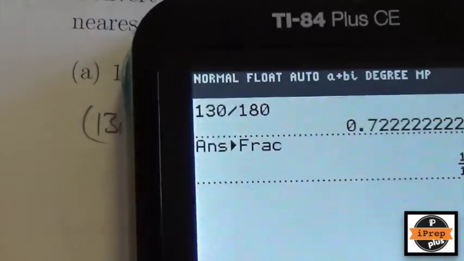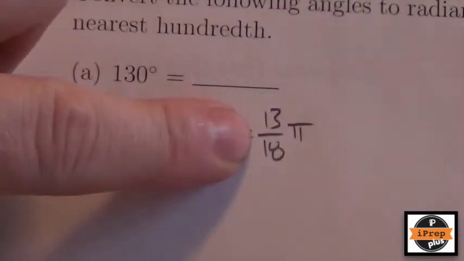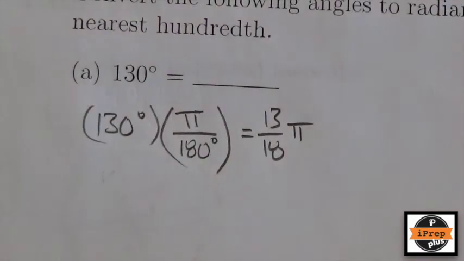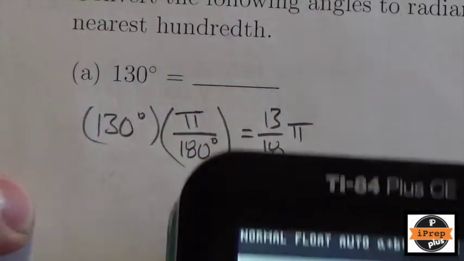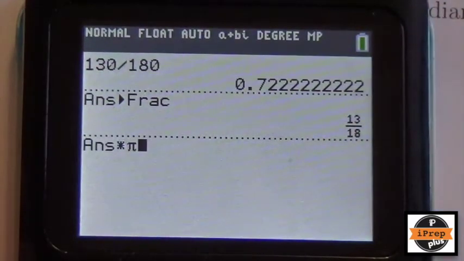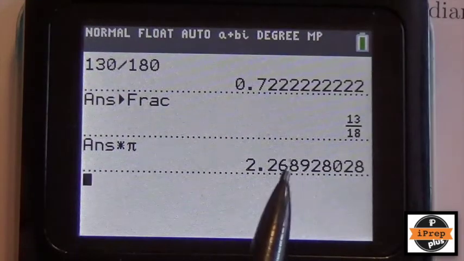Now, I'm also supposed to put this in exact form, which is what I've got there, because this pi represents that value exactly. But I also would like to do this to the nearest hundredth, so I'm going to multiply this by that value of pi, just to see what I get. And I get 2.268, and so on.